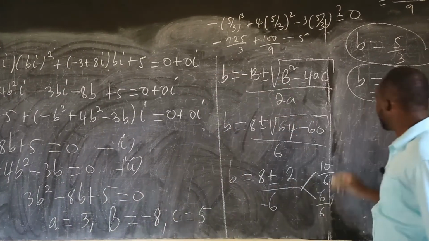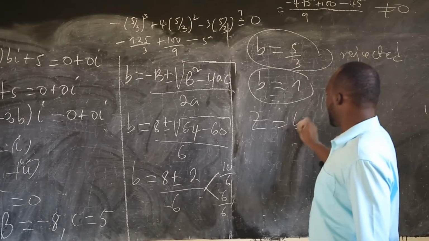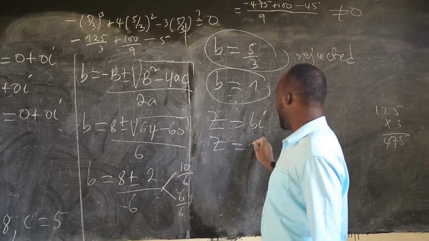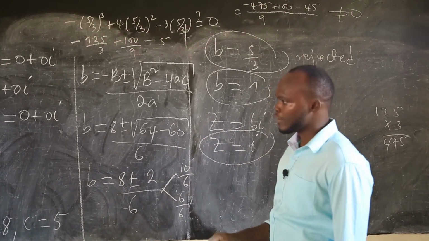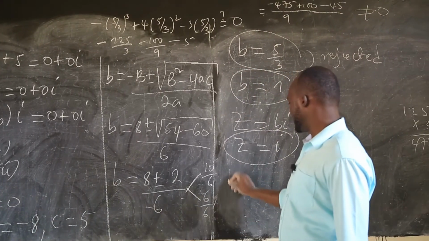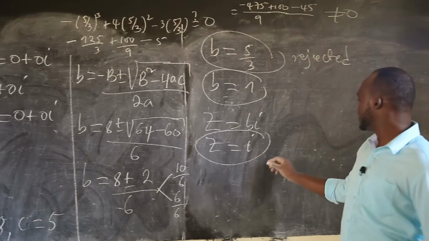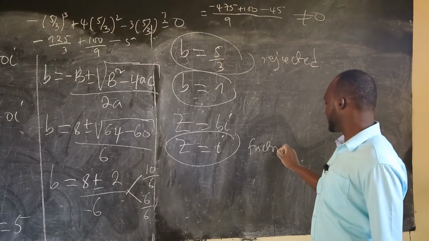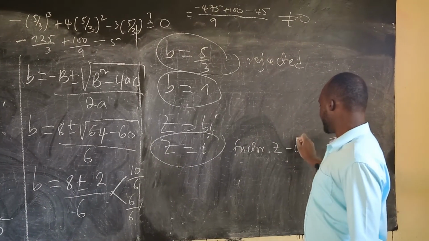So meaning that our z, which is bi, our z will be i. This is our root, so our factor is z minus i.